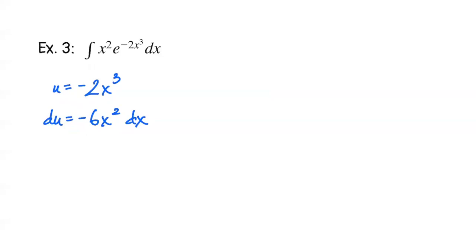And so if we divide this away, we'll get negative 1/6 du equals x squared dx. And now everywhere I see x squared dx, which is here and here, I can replace that with negative 1/6 du.